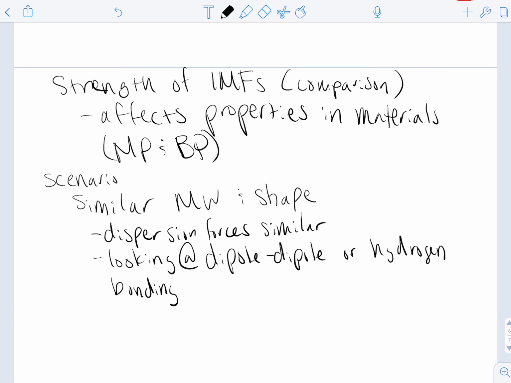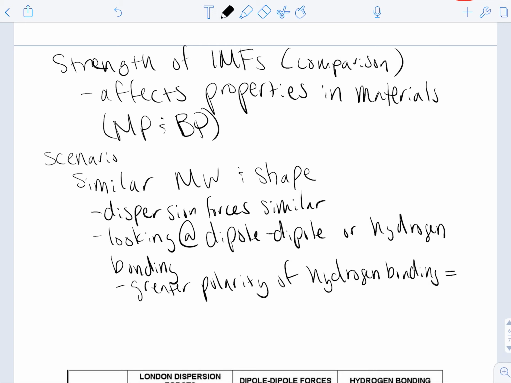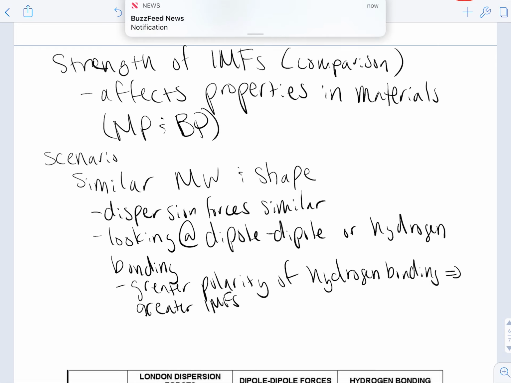Okay, so molecules with greater polarity or hydrogen bonding, these are the ones that are going to have greater intermolecular forces. So they're going to be things that have higher boiling points, higher melting points, those type of things.